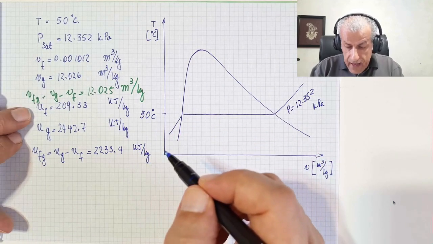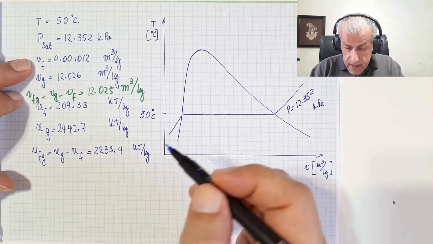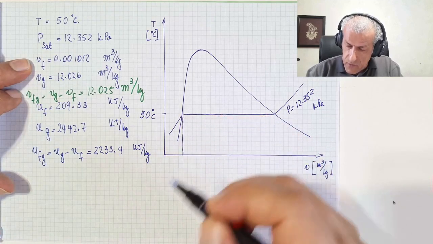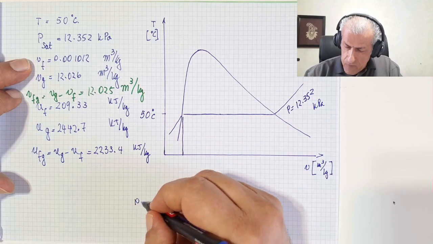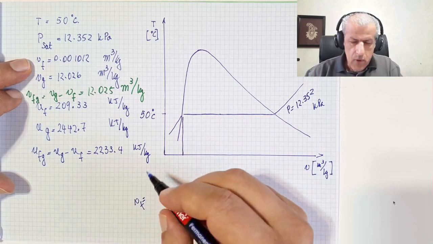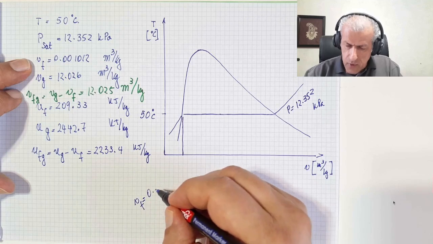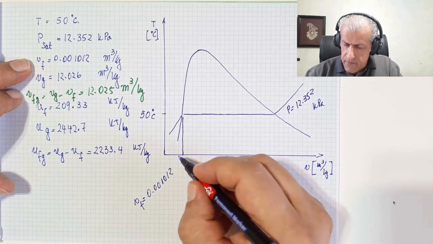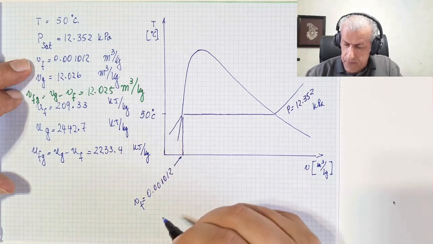And what we have read here for it, we know that here the specific volume VF equals 0.001012. This is this point.